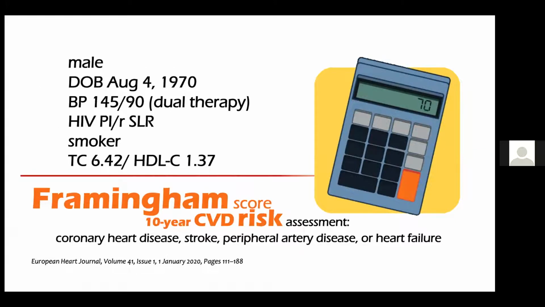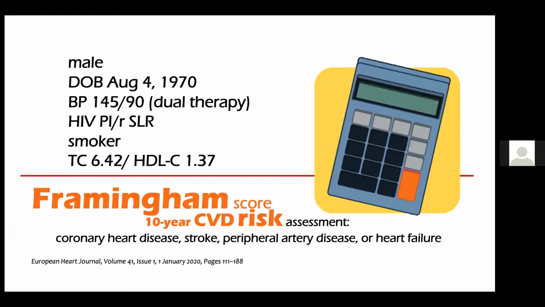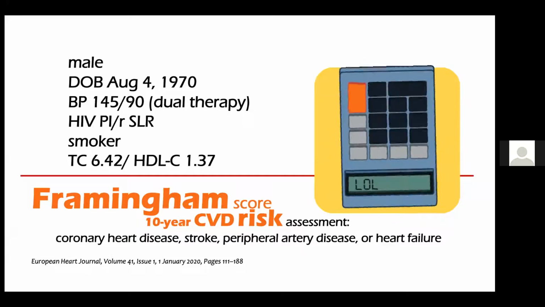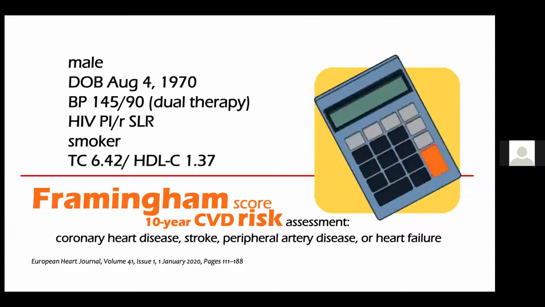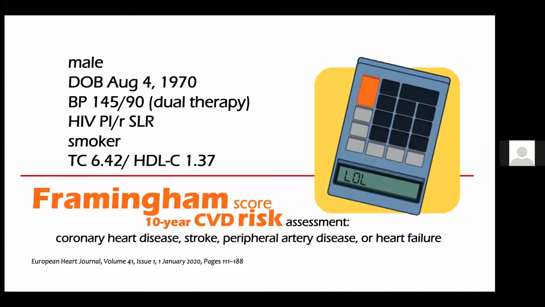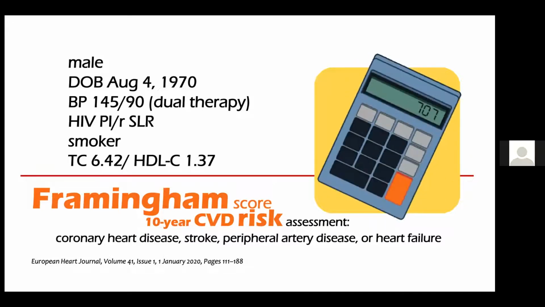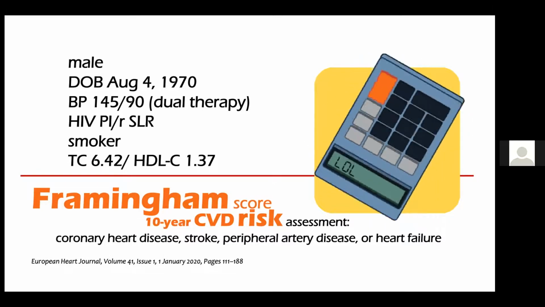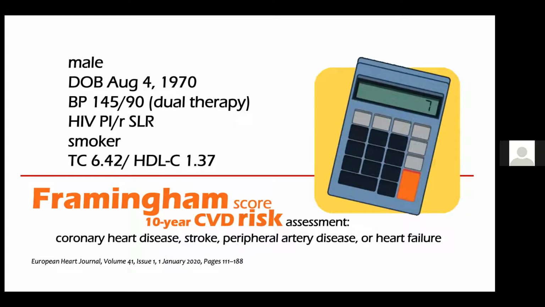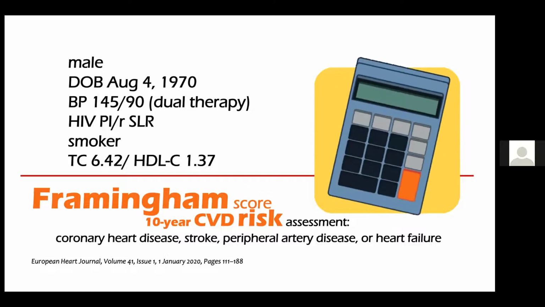So this is just a typical patient. This is a patient in Ward 5 that is male, born in 1970, with a blood pressure of 145/90, who is on dual therapy. He is also HIV positive on a second line ritonavir boosted PI.